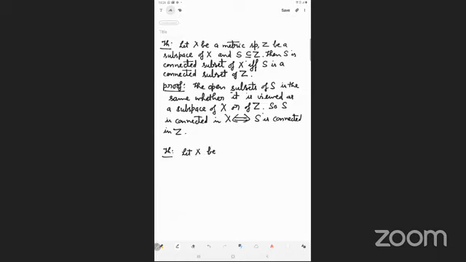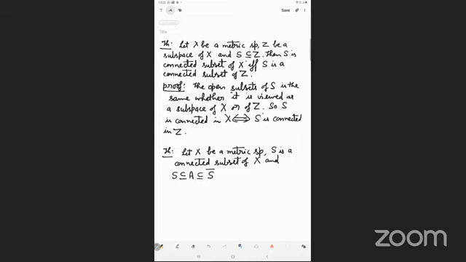Let X be a metric space, S is a connected subset of X, and there is a set A like this.